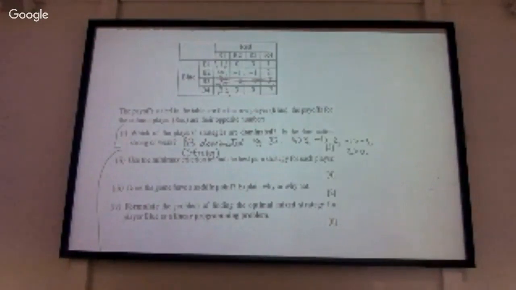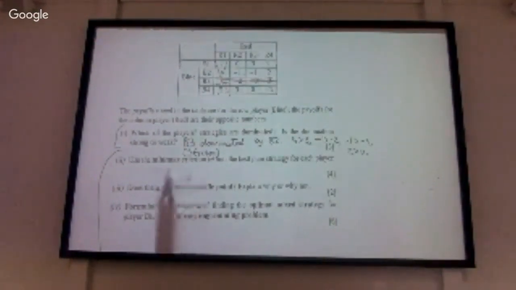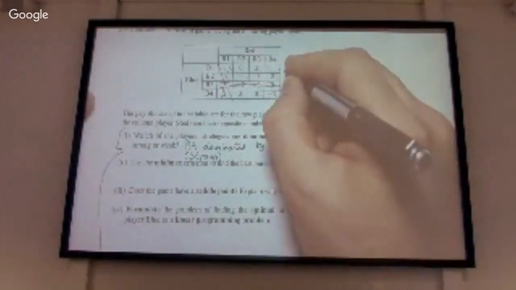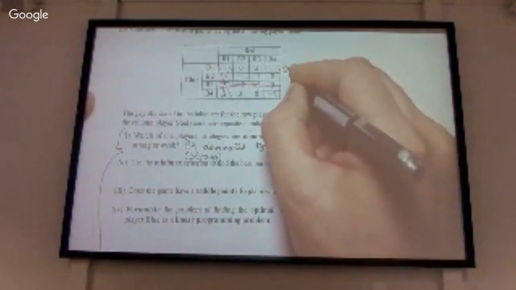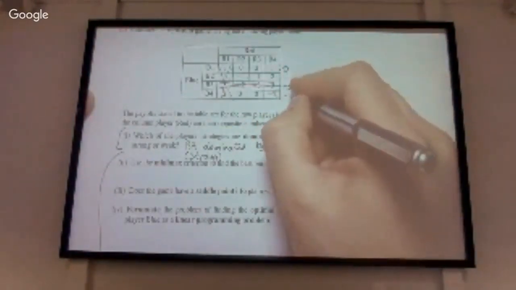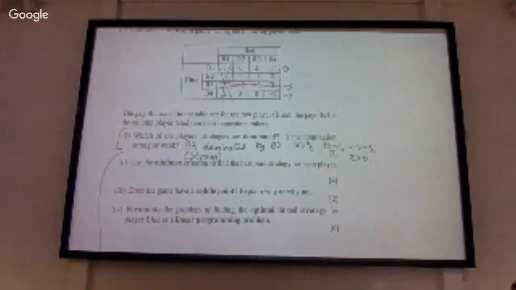So what is the minimax analysis that we want to do here? We want to take the minimum of each row. So that's minus 0, minus 1, this one is minus 3 if you want, minus 2.